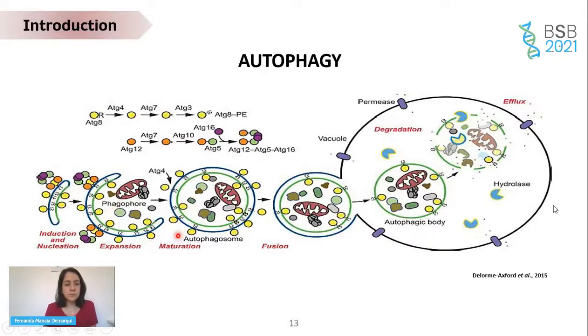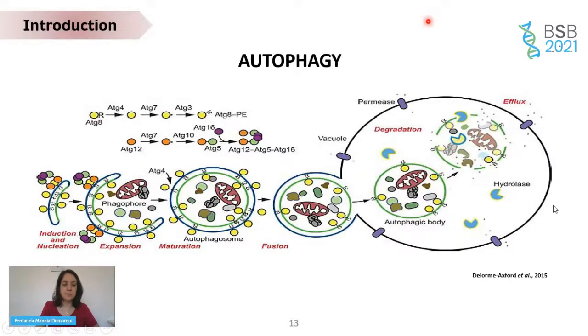The initial phases consist of the formation of double-layer membrane structures called phagophores, which sequester intracellular components to form a closed spherical structure, the autophagosome, which fuses with the vacuole for acid hydrolysis of the captured cargo, degradation, and subsequent efflux of nutrients to the cytoplasm.